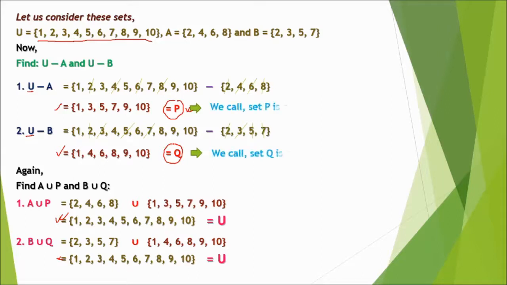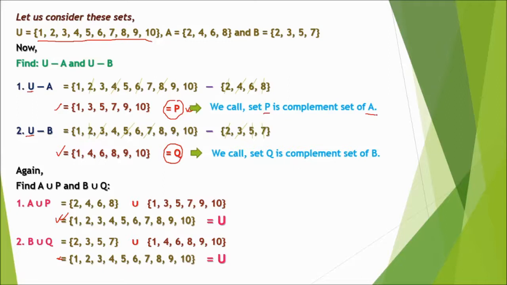we call set P the complement set of A. We call set Q the complement of set B. What does complement mean? It fulfills the vacancy created by A. Set P fulfills that vacant region formed by A. It takes a few elements from the universal set and it leaves out the other elements.